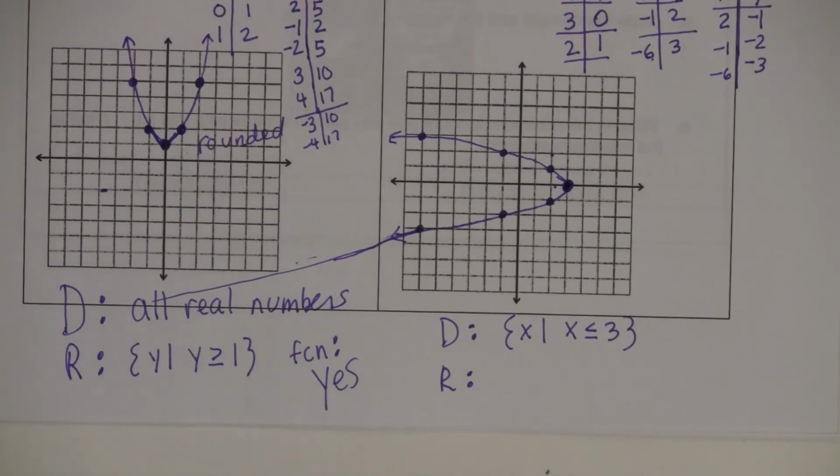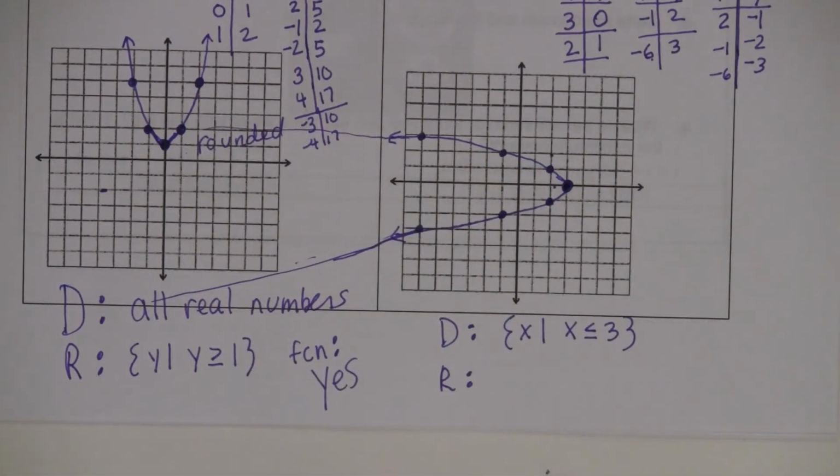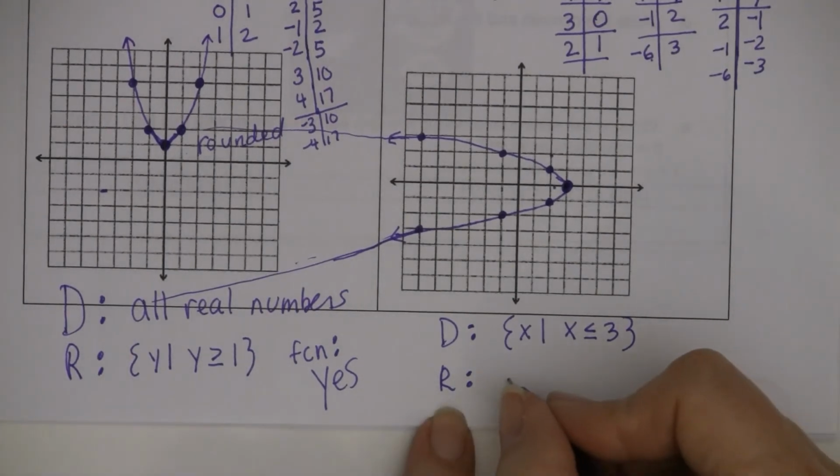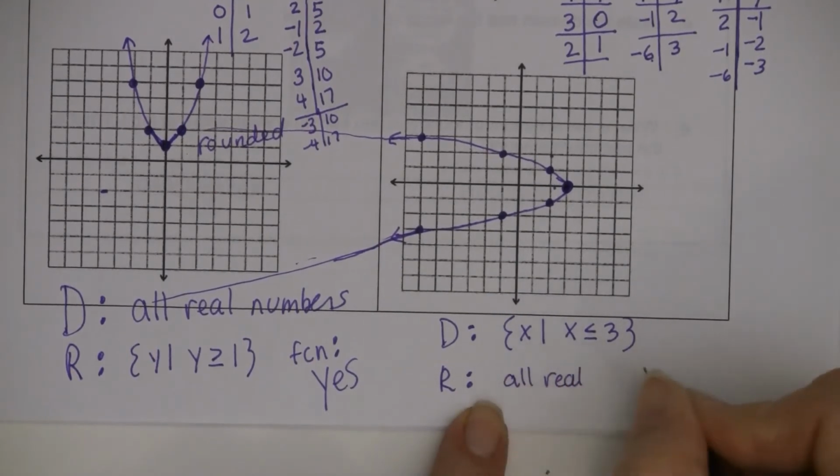So it goes all the way to -infinity, as low as you can go for the y's. And then very slowly, this is going up and up and up. So the same on that parabola. And so the range is actually all real numbers.